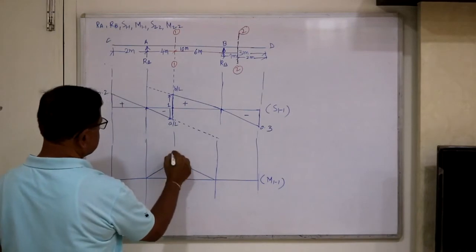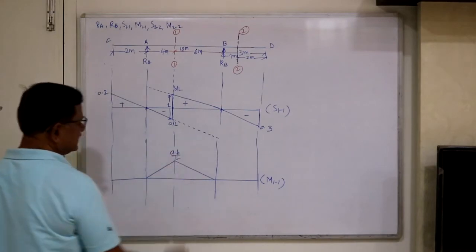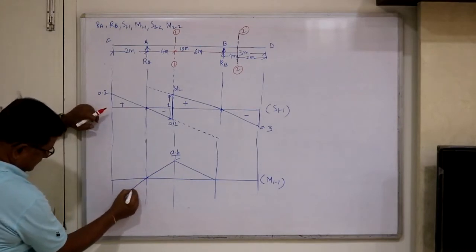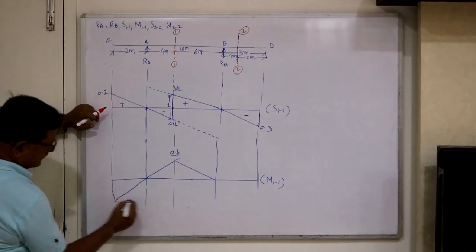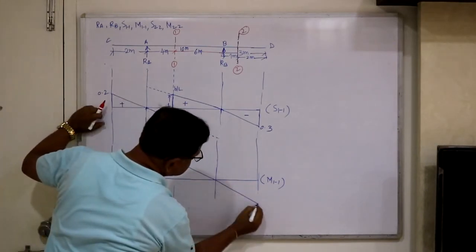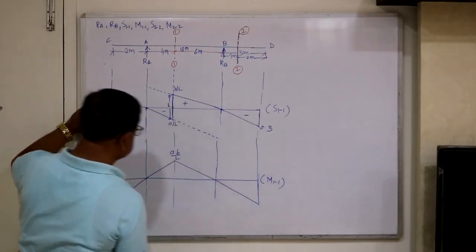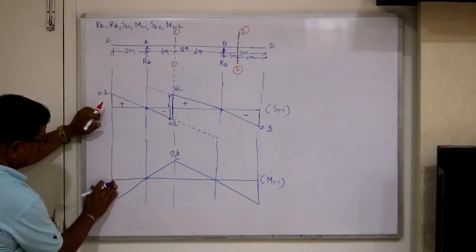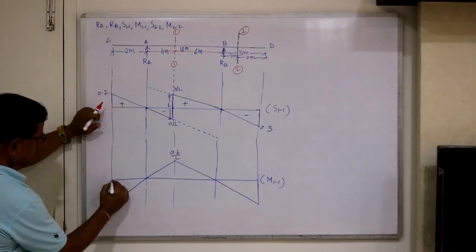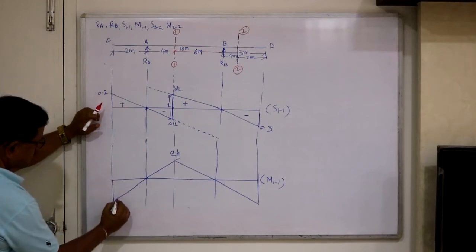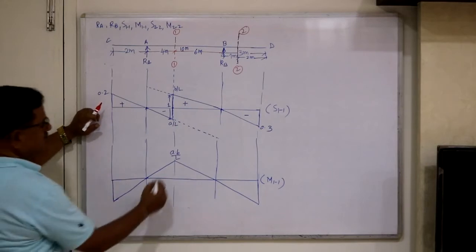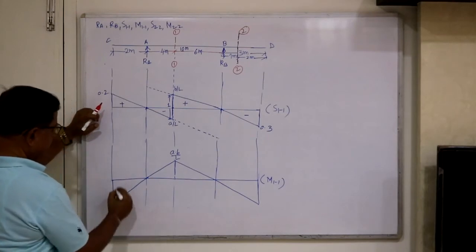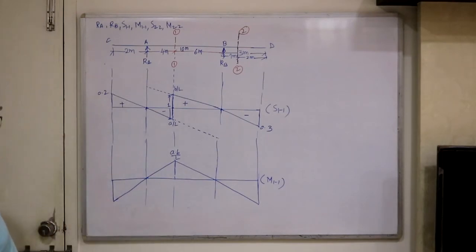And this is AB by L. This is AB by L. Then further you just extend this up to the end, because further it is a free end. Okay, you know this AB by L, and you find out this by similar triangle.